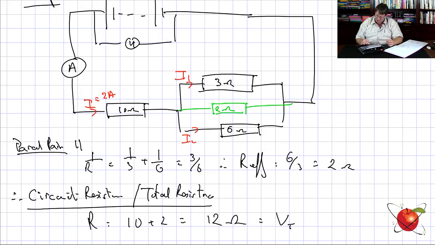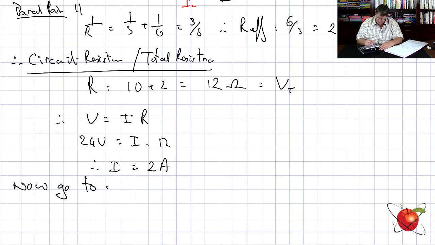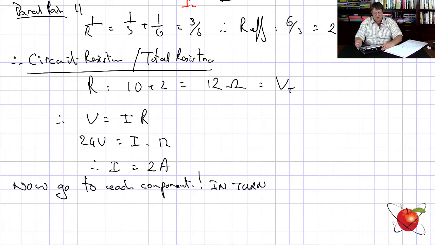Now you go back to each component in turn and work out what's remaining. Let's see if we can do that.